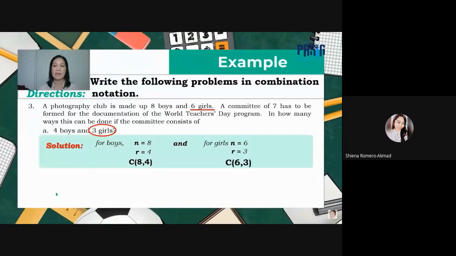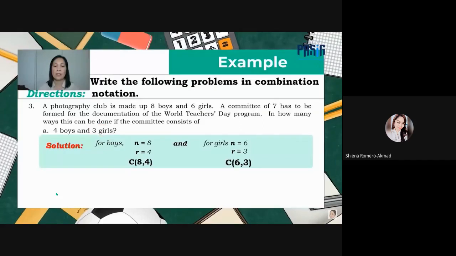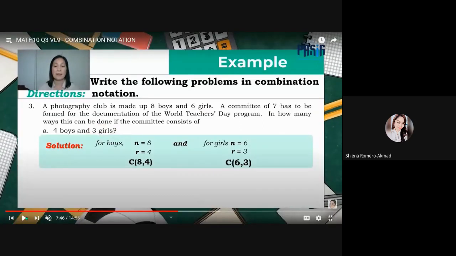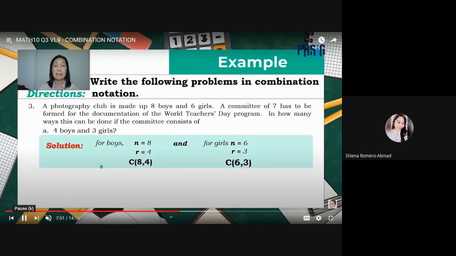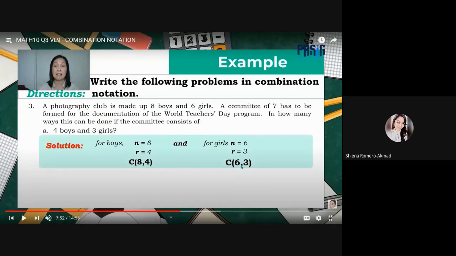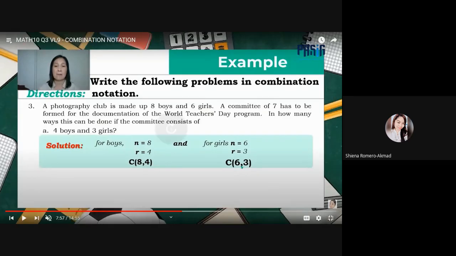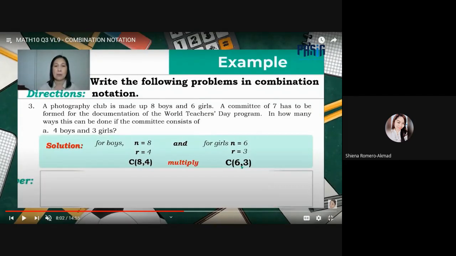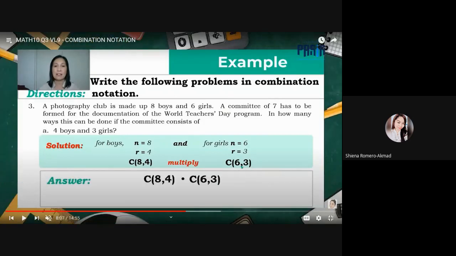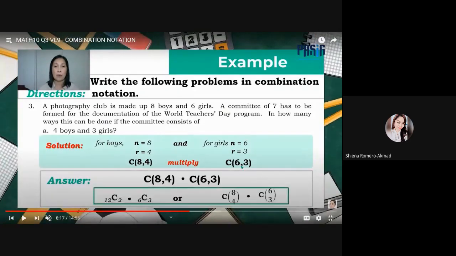So that would be combination of 8 taken 4 at a time and combination of 6 taken 3 at a time. So in fundamental principle of counting, we have to multiply them. This will be our solution.